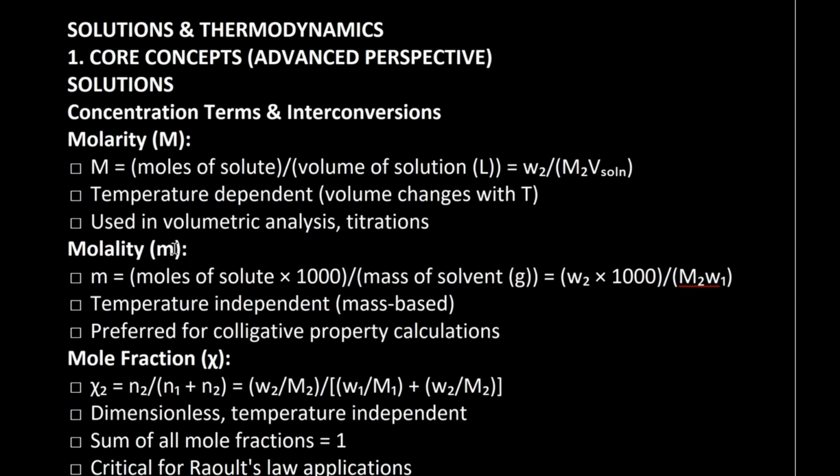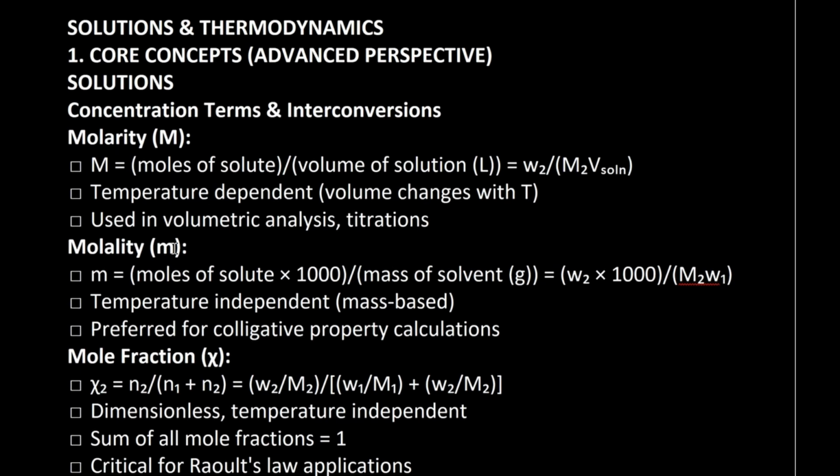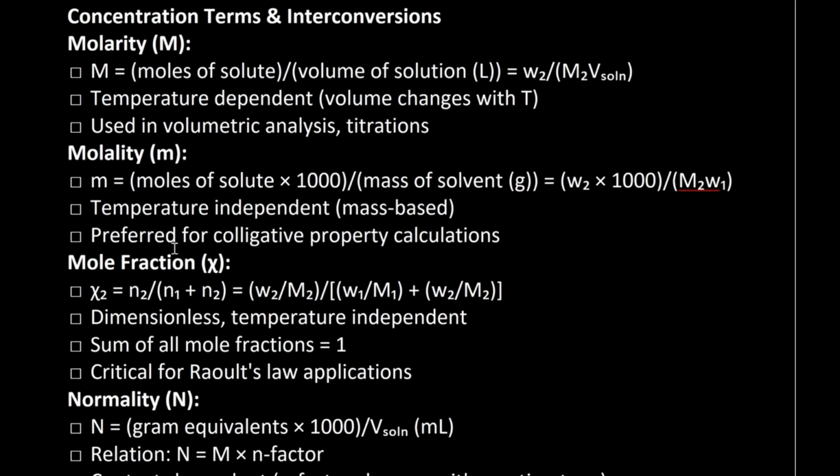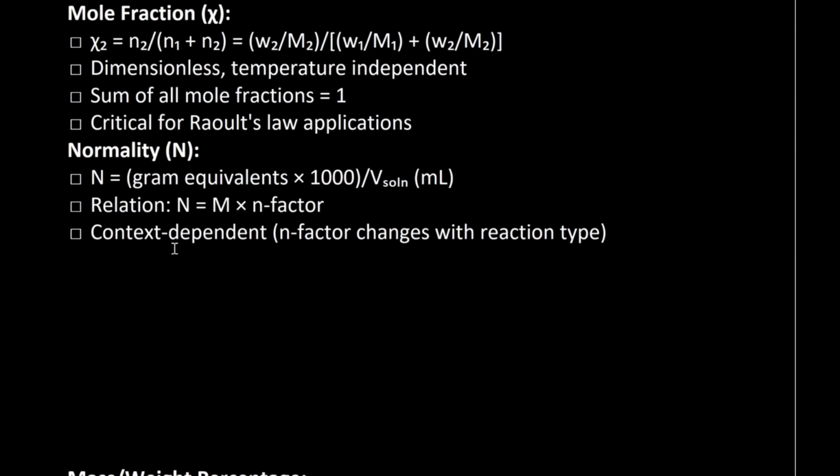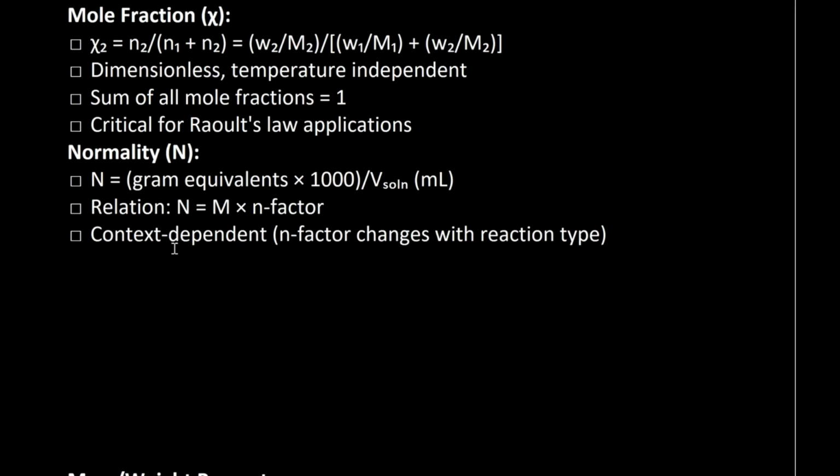Now let's go to the next chapter, solutions and thermodynamics. These two are interrelated. Again, the solution chapter, where I have these important concentration terms, which we already saw in mole concept, I'm not going to repeat. The other two important concentration terms are mole fraction and normality. Okay, be careful with the normality n factor.